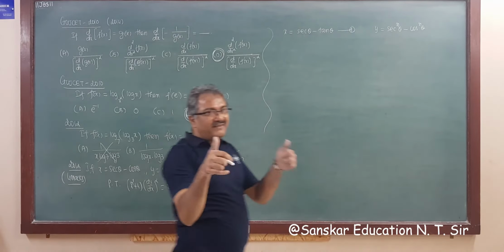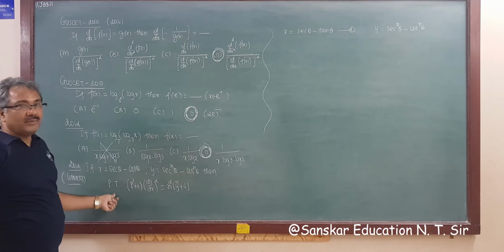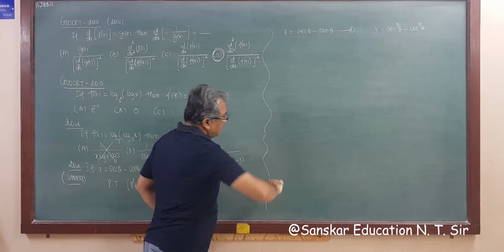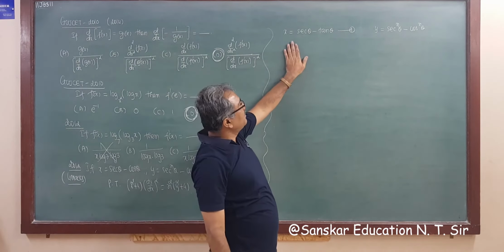We are calling this result number 1. You have to simply find dy by dx, but this is not as easy as you are thinking, right? This is a complicated example.